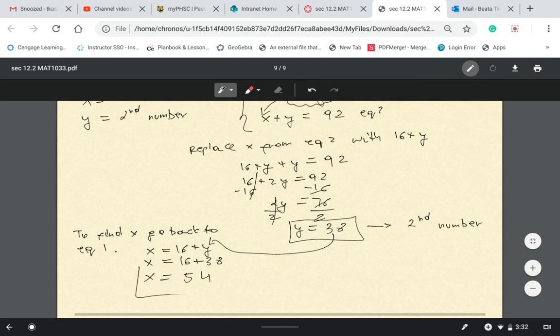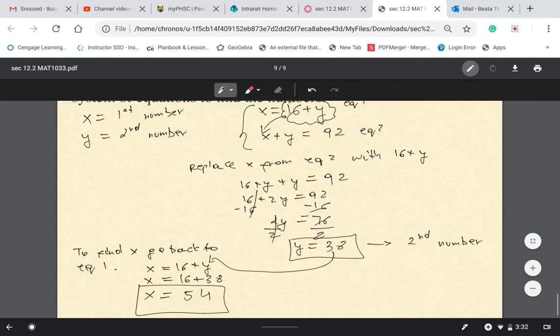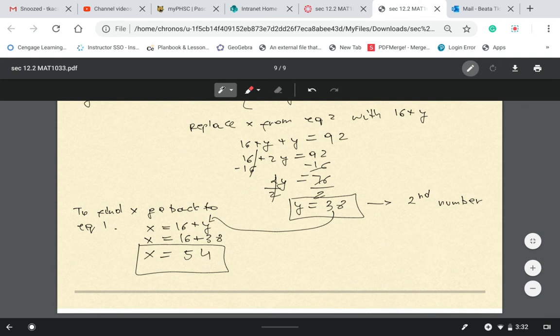In this case, x and y, again, they don't represent coordinates. We're not graphing, we're talking about how we can use the application of systems to solve word problems. So the answer to use the system to find the numbers: the numbers are 38 and 54. Okay, so that's it.